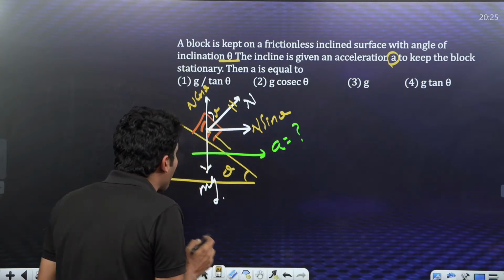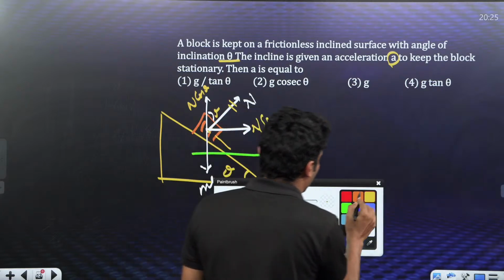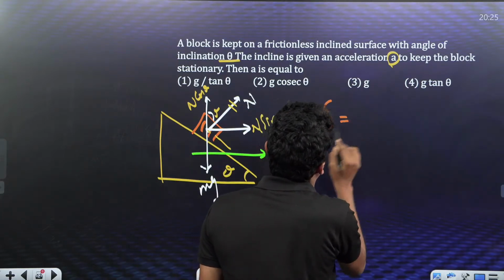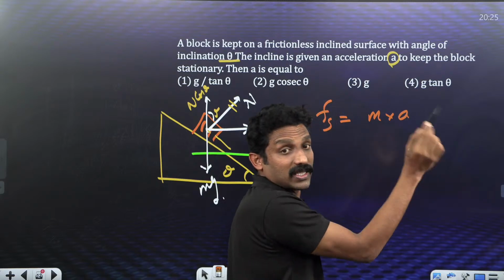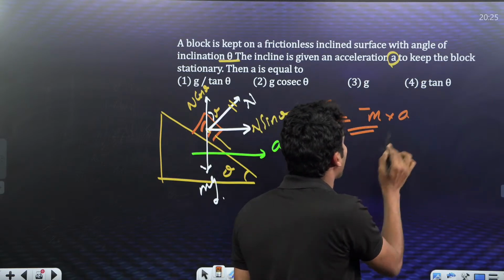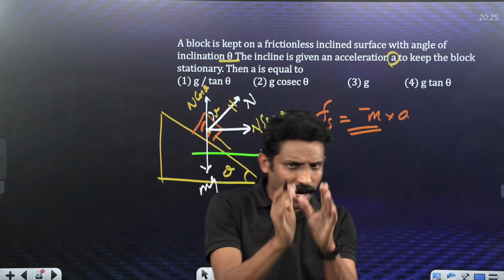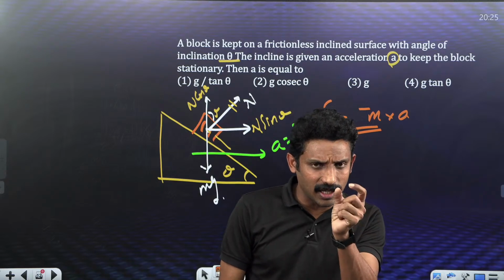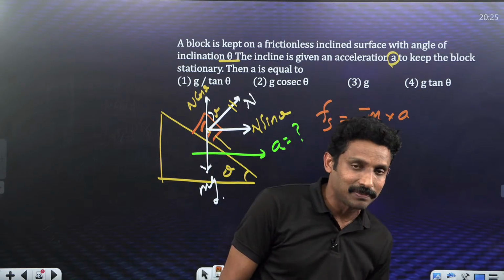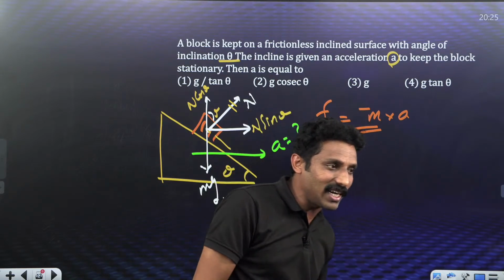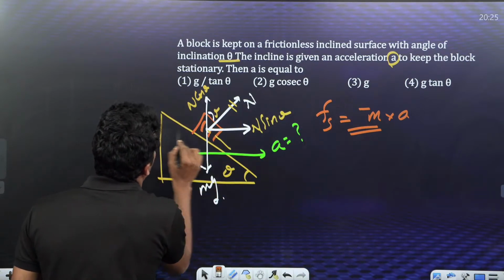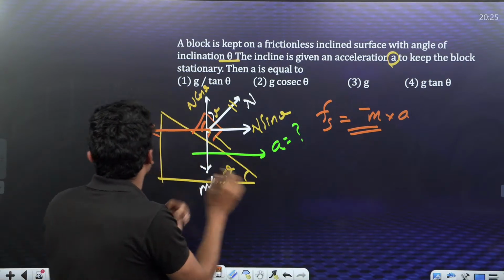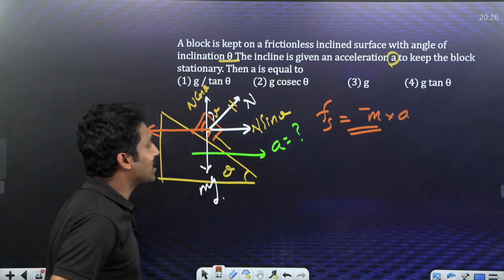The pseudo force Fs is equal to the mass of the body into the acceleration of the system, with a negative sign. The negative sign indicates that the pseudo force is acting in the opposite direction of the acceleration of the frame. So this is Fs.